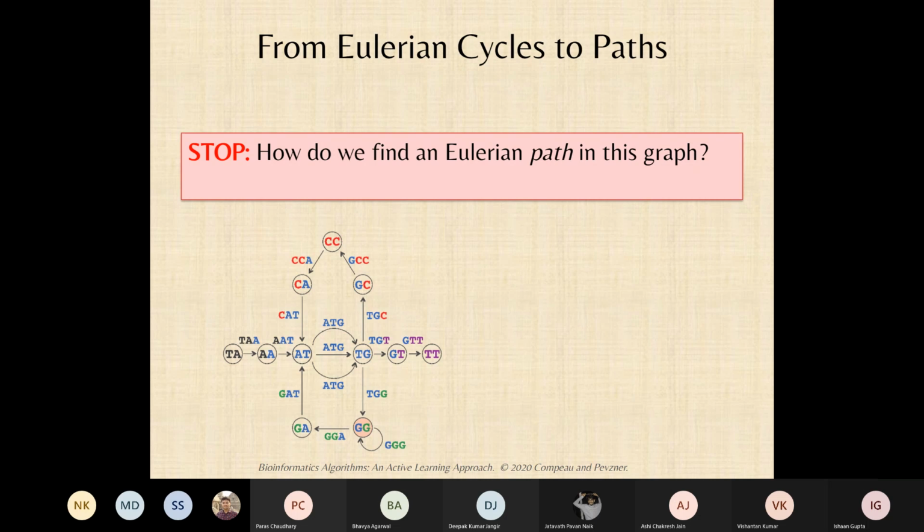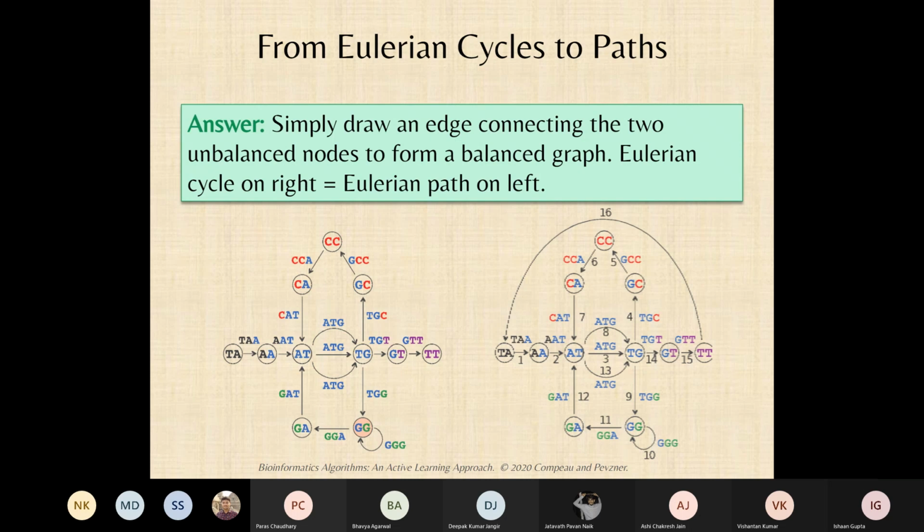Sir, how is it strongly connected if we are taking directionality into account? So why is it not strongly connected? You can't reach, like, the first one, that is TA, from TT. Exactly. So how can you make it into an Eulerian graph now? Sir, we can remove directions or add an edge from TT to TA.